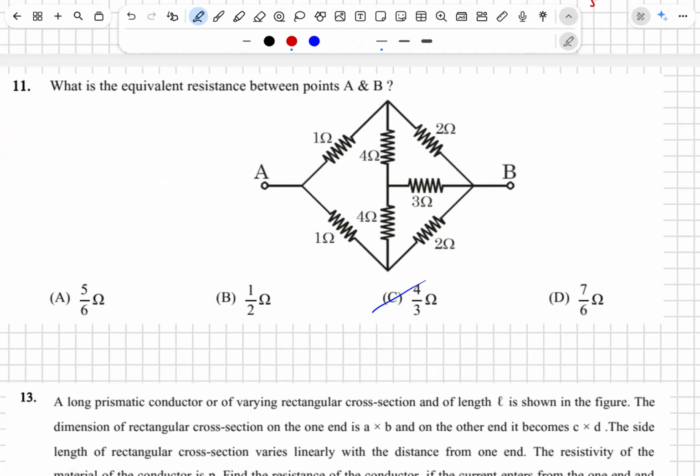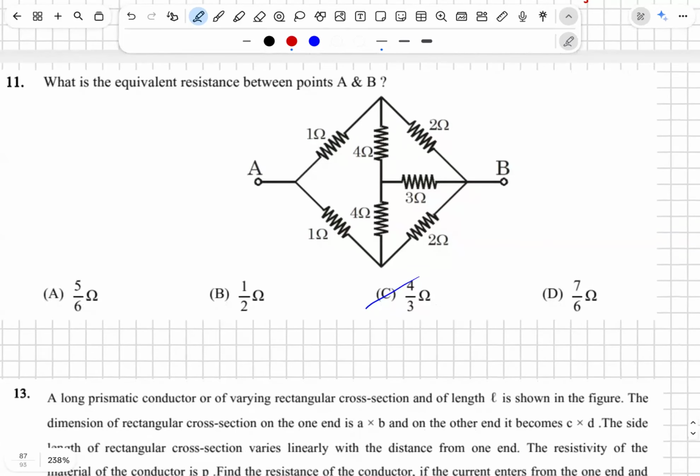I think majority of my friends are yes, yeah. So they will definitely fold. By folding, what will happen is that you will label this as CD. C and D are same potential. So therefore, finally, you will get 0.5 ohm.